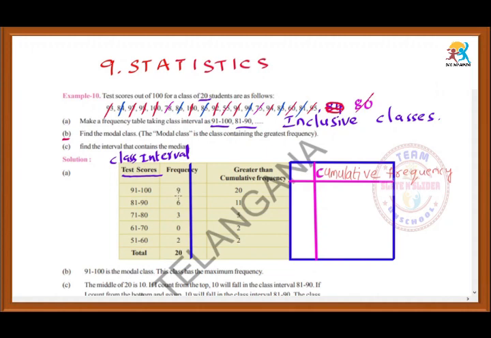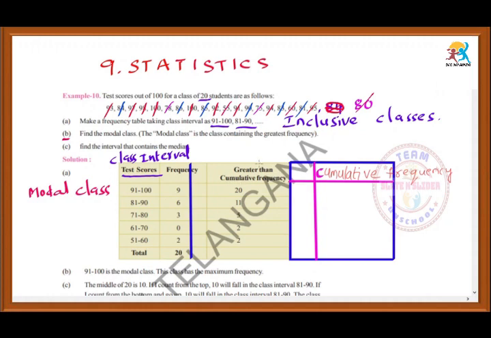So 9 students got how many marks? 91 to 100 marks. So this 91 to 100 is called the modal class. You can write here modal class. If it is only one number, then we can call it a mode. But it is a class interval. That's why we are calling it the modal class. So 91 to 100 is the modal class.